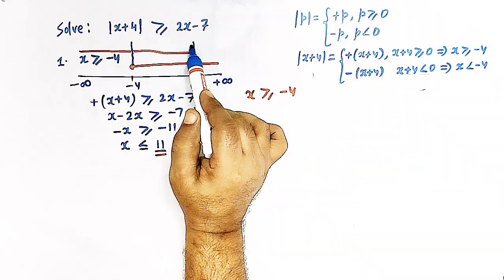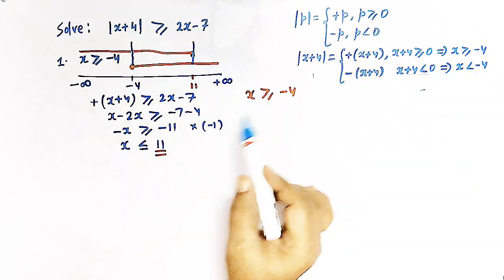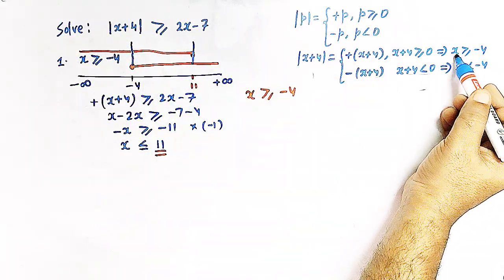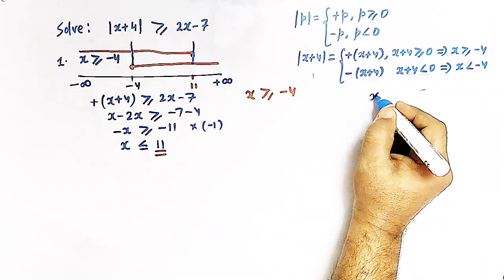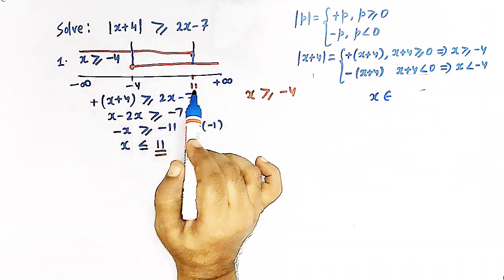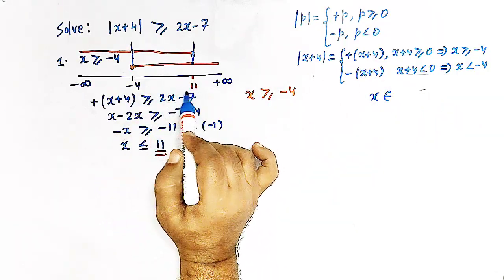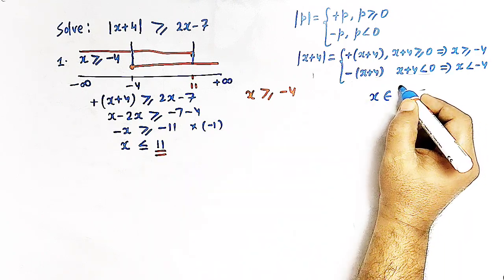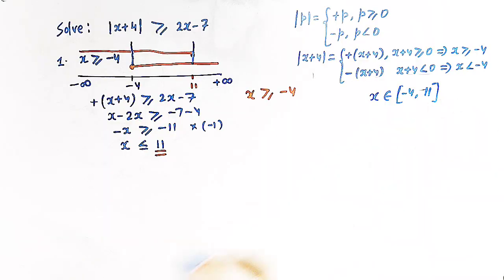So this region is common to both these inequalities, right? So the solution of this inequality when x is greater than or equal to -4 is given by x belonging to this interval, that is -4 to 11. And remember here, -4 and 11, both the endpoints are also included. So here we have -4 and here we have 11.